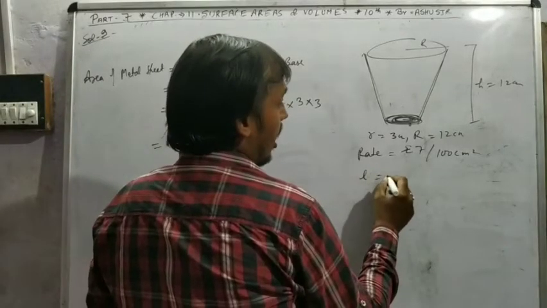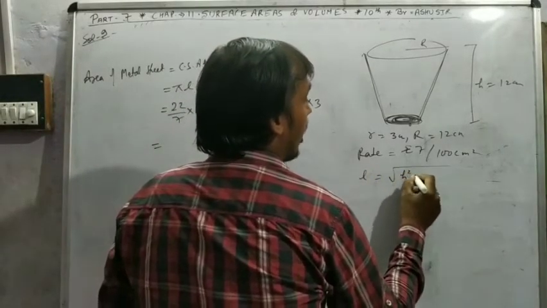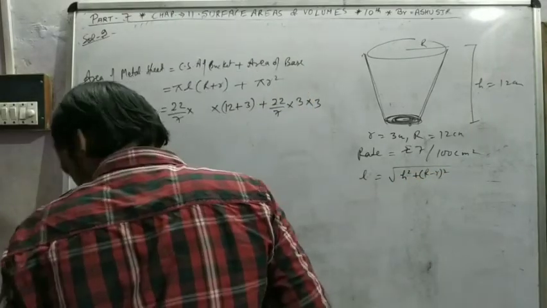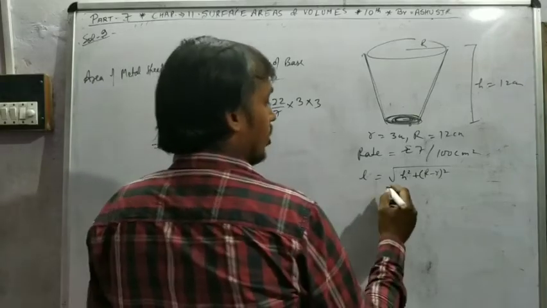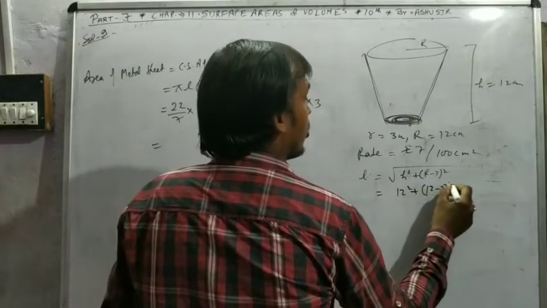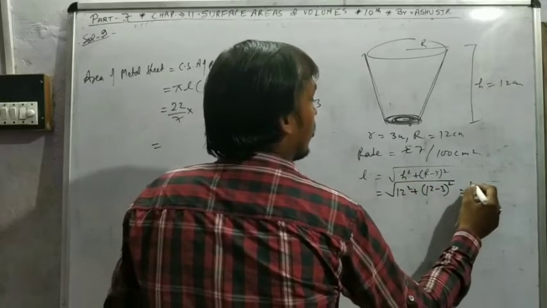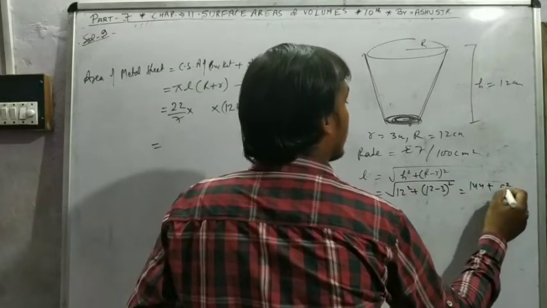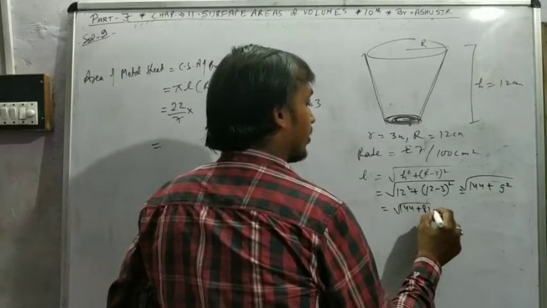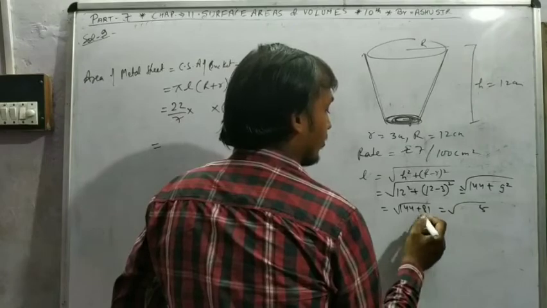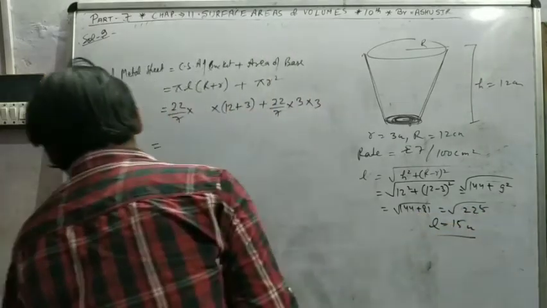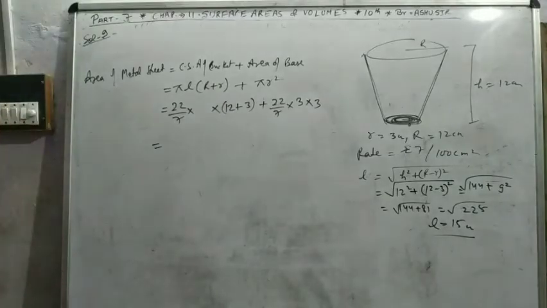How? L is square root of h square plus (R minus r) whole square. So 12 square plus (12 minus 3) whole square, 144 plus 9 square means 144 plus 81, so we get 225, means L is equal to 15 centimeter.